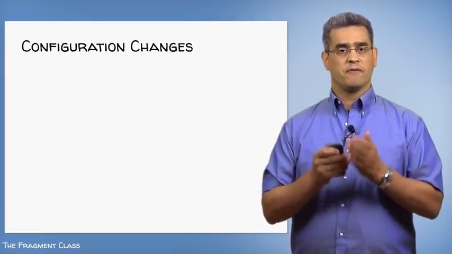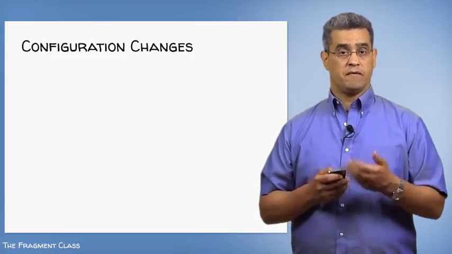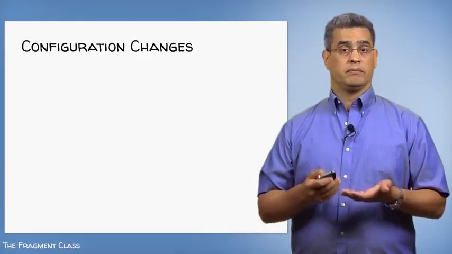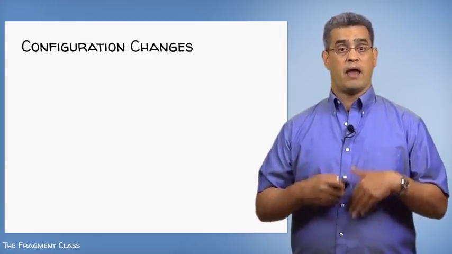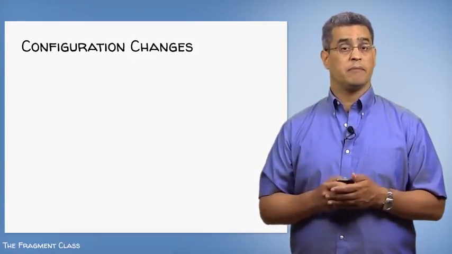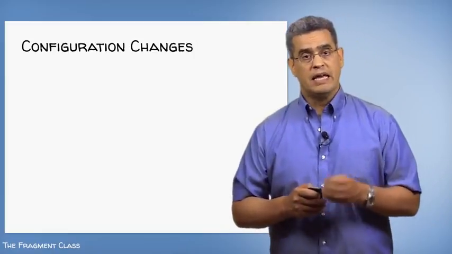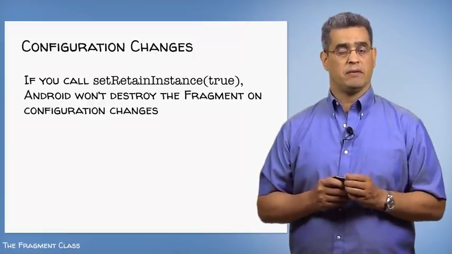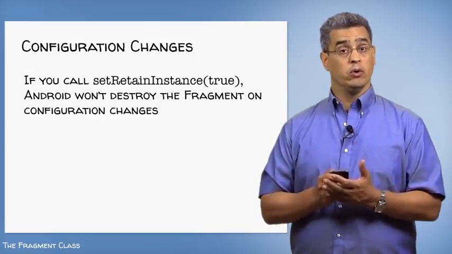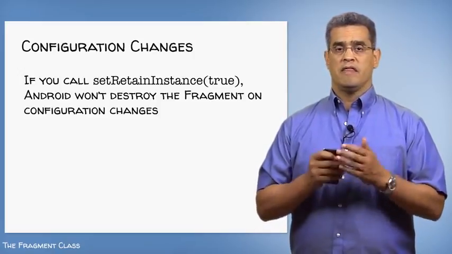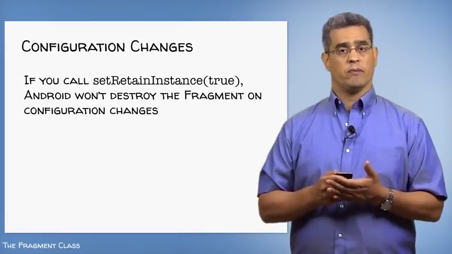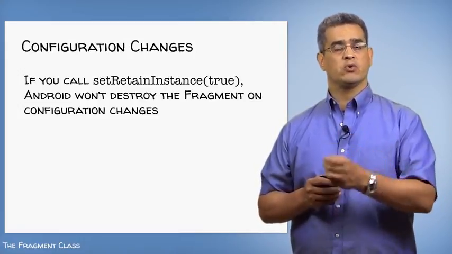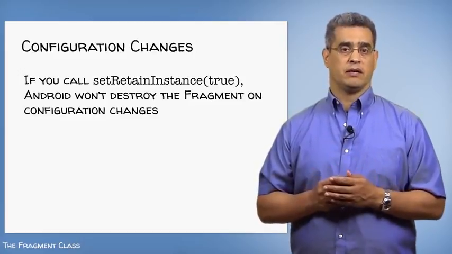Now, if you're using a fragment and the device's configuration changes, then Android by default will kill the hosting activity and recreate it, just like we talked about before. However, if you call the setRetainInstance method on the fragment, passing in the value true as a parameter, then when configuration changes occur, Android will kill the activity but not destroy the fragments that it's hosting.